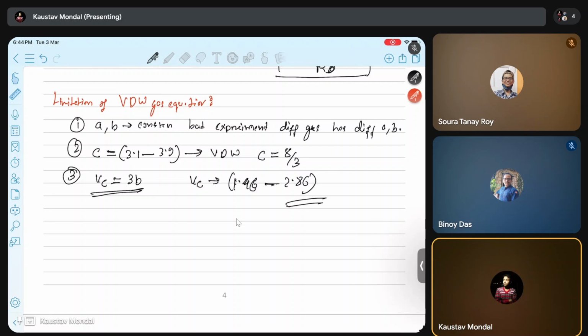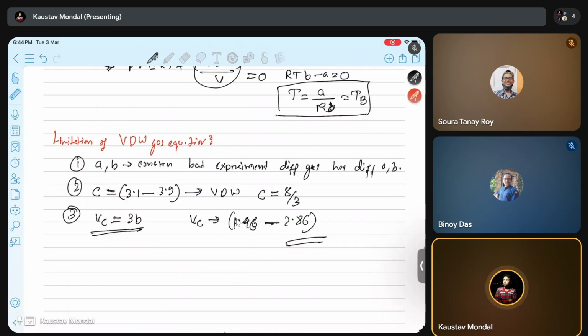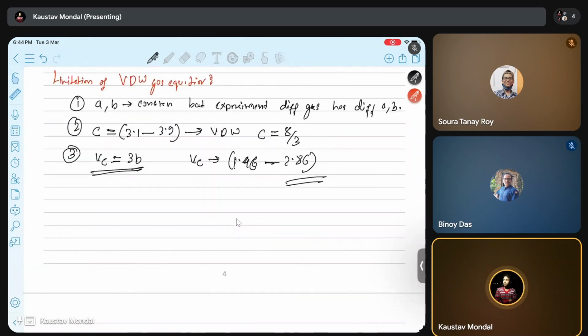So these are the limitations of Van der Waals gases, but still in some way it is useful to approximate the gas behavior, although there are some limitations.